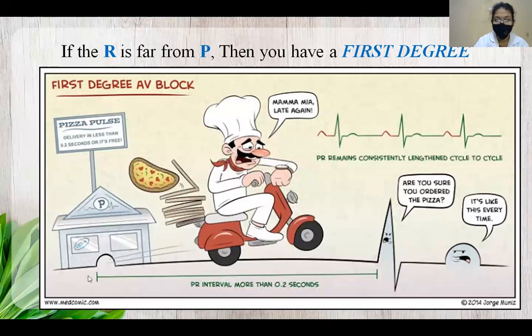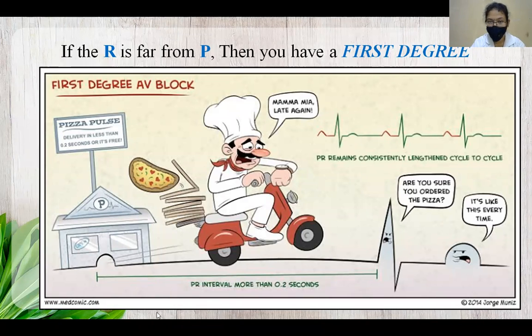So the PR interval is more than 0.2 seconds. In first degree heart block, the PR interval is always more than 0.2 seconds. And most importantly, the PR remains consistent, meaning there is a constant PR interval from beat to beat.